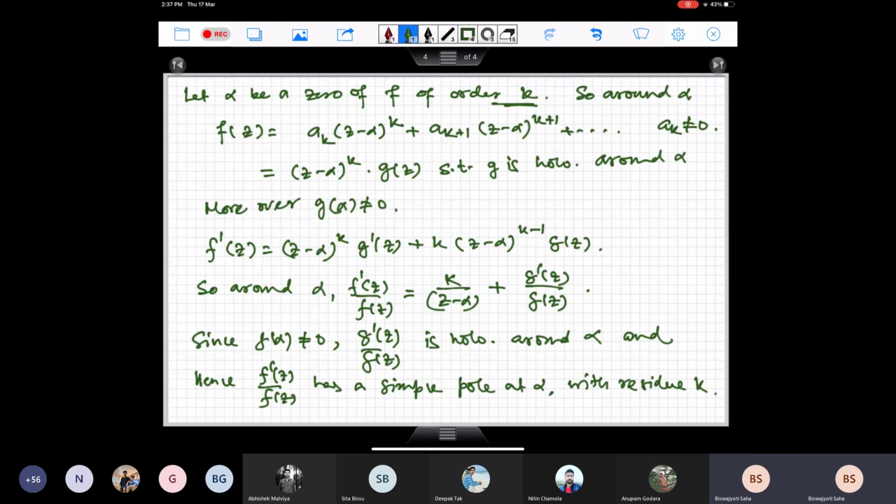All of you agree to this? Yes, sir. So that shows that if I start with a zero of f, f prime upon f is going to have a simple pole at that point, and the order of the zero is getting reflected in the residue. This residue is k, which is positive in this case because the order of the zero is positive.